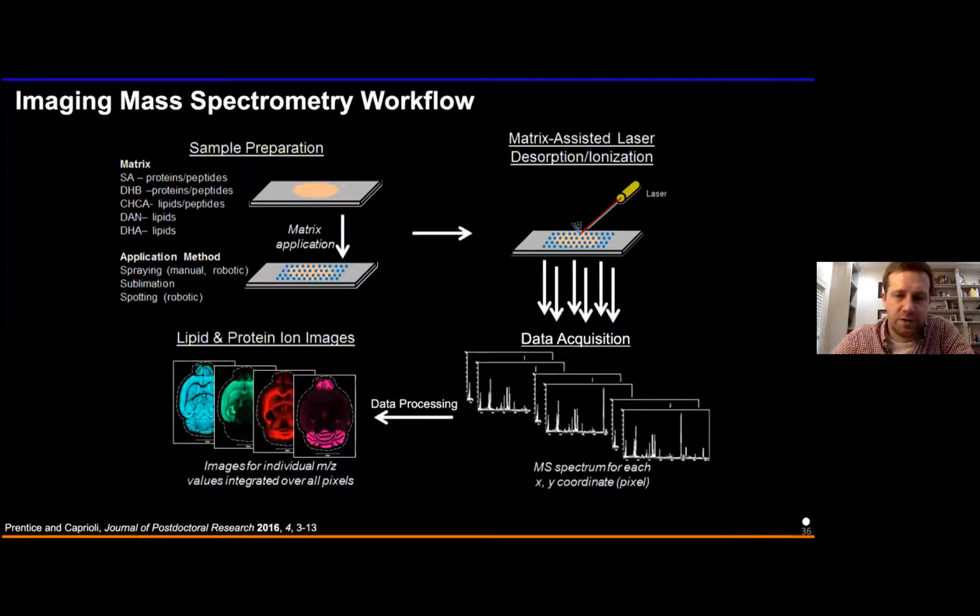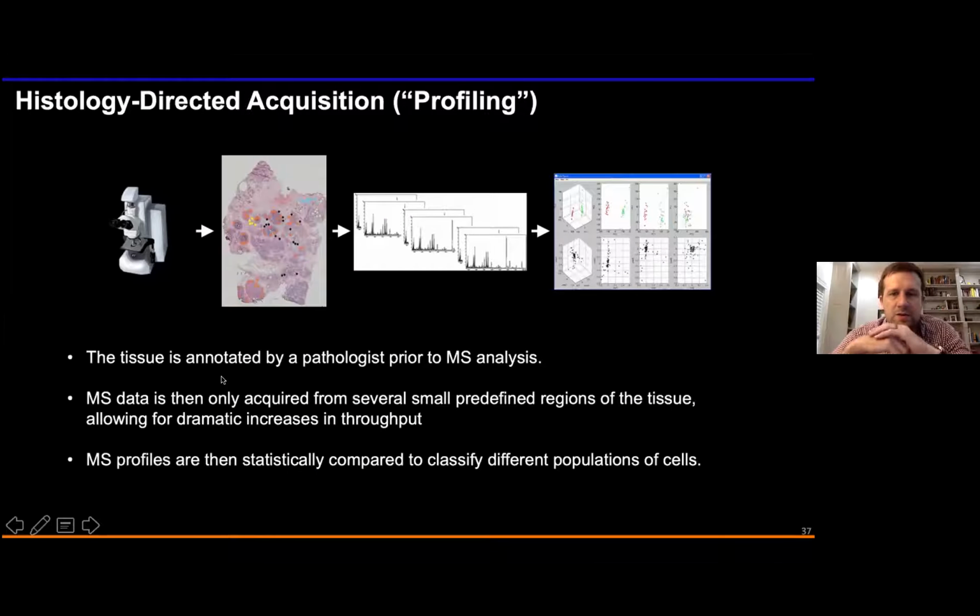And we can reconstruct heat maps of intensity for any of the ions that we've detected in the spectrum, plotting their intensity as a function of position across the tissue surface. And so we end up with these heat maps of metabolic intensity. That's kind of what I would call the most conventional imaging mass spectrometry workflow, where we're imaging an entire tissue section or a large area of tissue section.